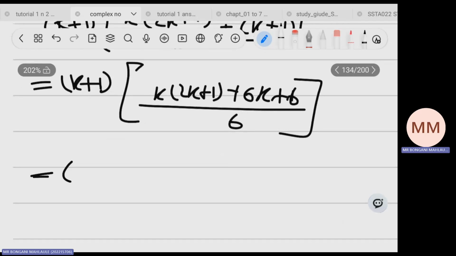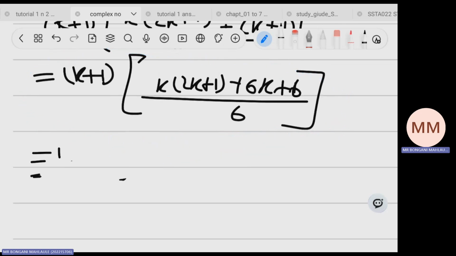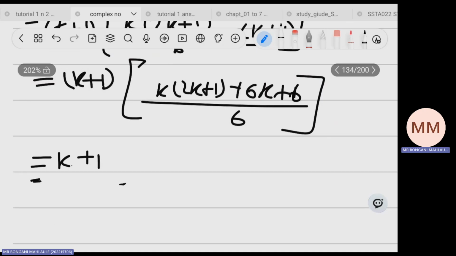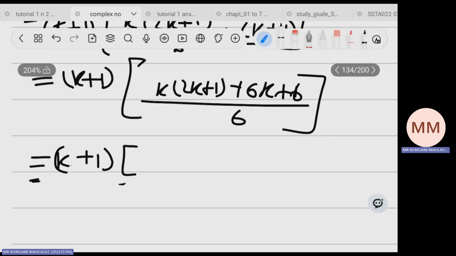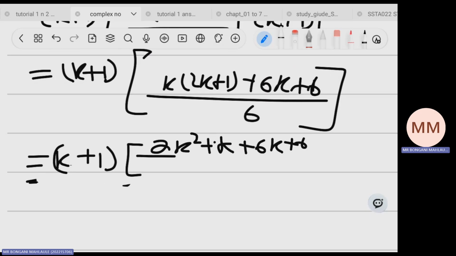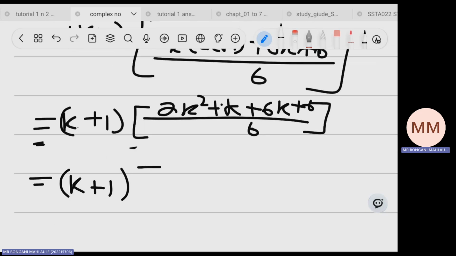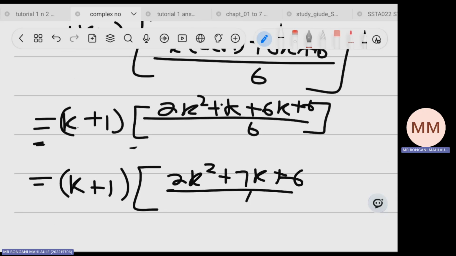When it multiplies there, then you'll have k plus 1 into 2k squared plus k plus 6k plus 6 all over 6. And we can see that this is k plus 1. Then overall, this will be simplified to 2k squared plus 7k plus 6 all over 6.